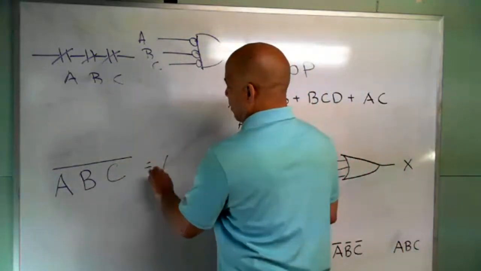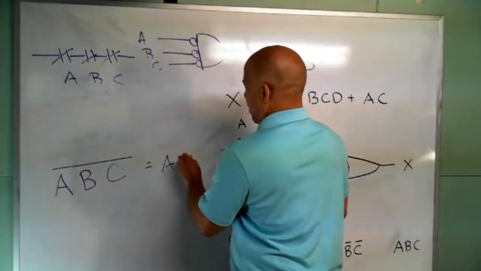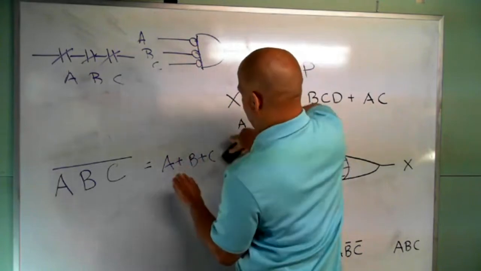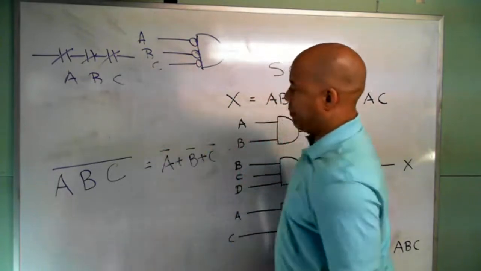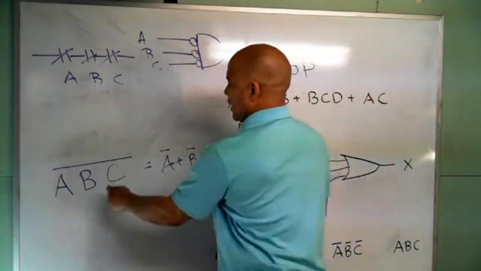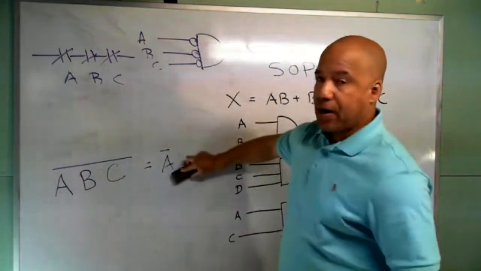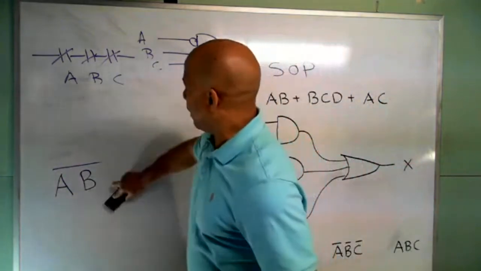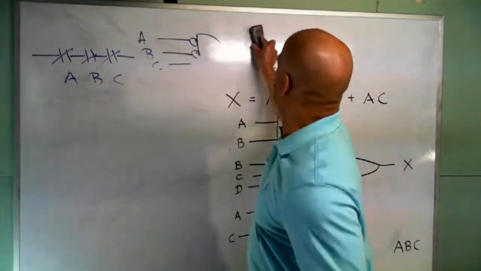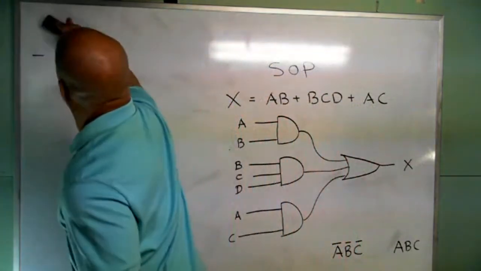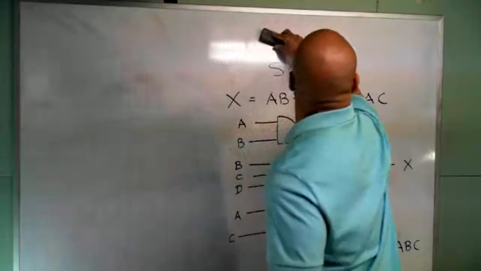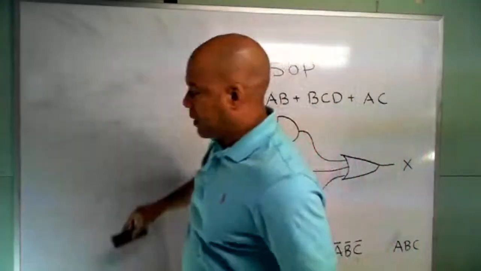So this would become that. Okay, so again, this is not allowed, but if I have individual bars over each variable, that's allowed. We'll come back to that, so don't worry about that too much right now. I'm just throwing a lot of stuff at you. We'll piece it together and it'll start to make sense.